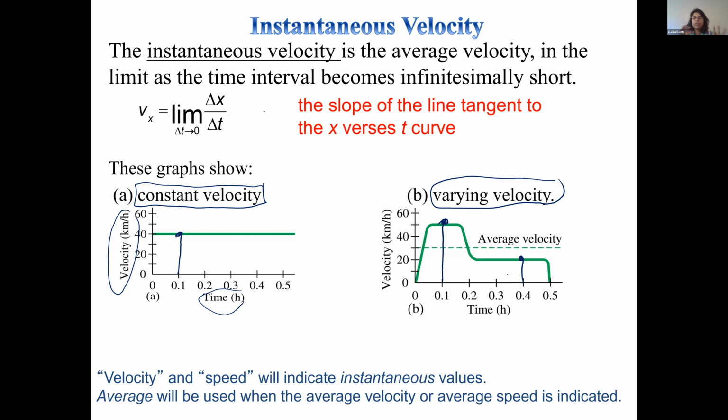Okay, so that's the difference between instantaneous velocity and velocity. Usually instantaneous velocity is the velocity that we are talking about. If it is the average velocity, we need to use the prefix average to explain it. Otherwise, the usual notation used for velocity, acceleration, and displacement are instantaneous values.